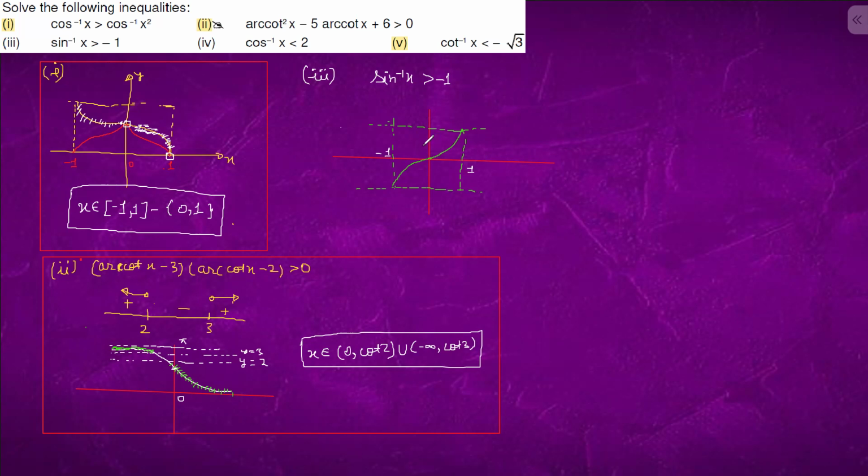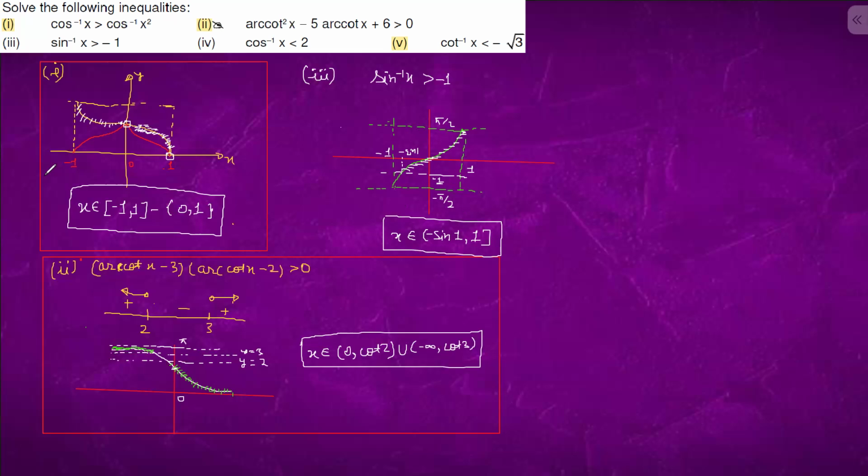We are told that sine inverse x is bigger than minus 1. So this is minus pi by 2, this is pi by 2. It is bigger than minus 1, so these are the values that will come. So at this point, it is minus sine 1. So x belongs to minus sine 1 to 1. This is the answer.